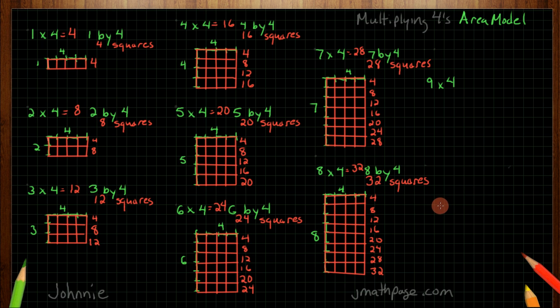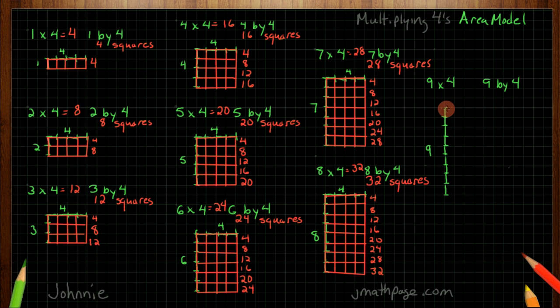One more. Let's see. 9 times 4. If we're making it a rectangle, we need to make a rectangle that is 9 by 4. Well, let's go ahead and build it. 1, 2, 3, 4, 5, 6, 7, 8, and 9.